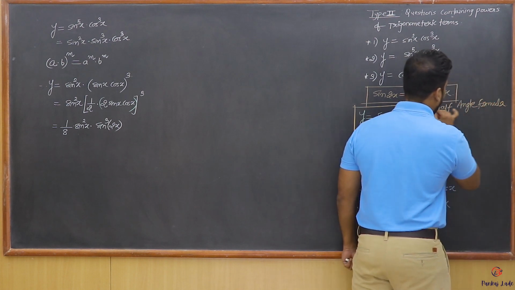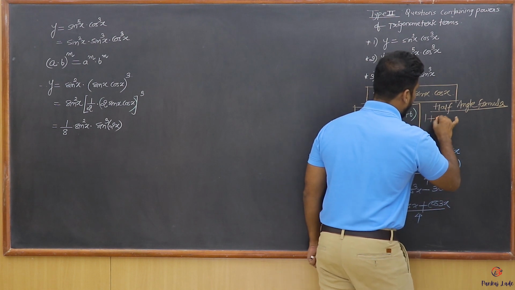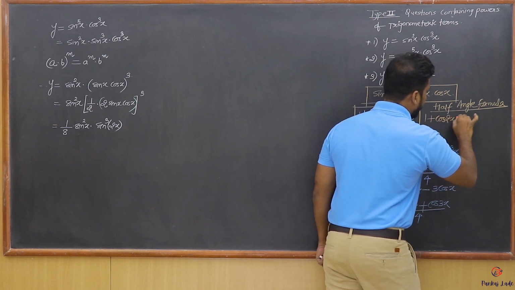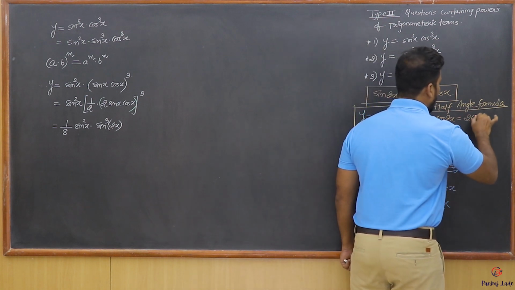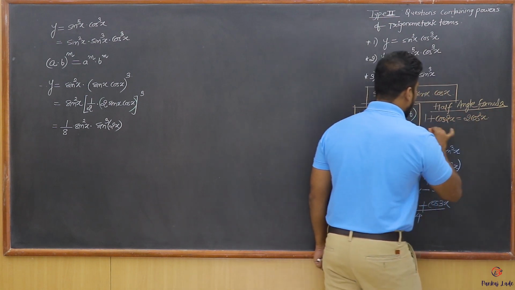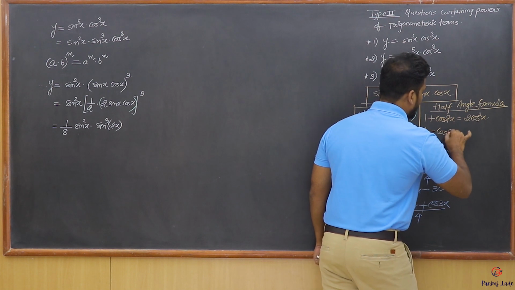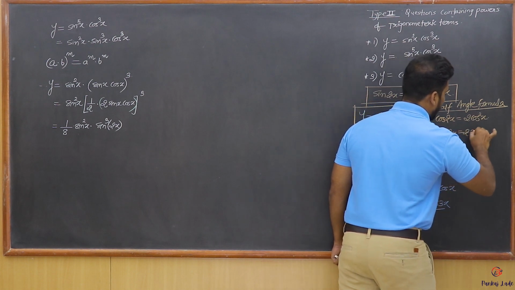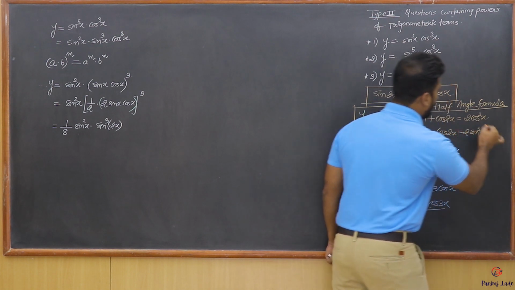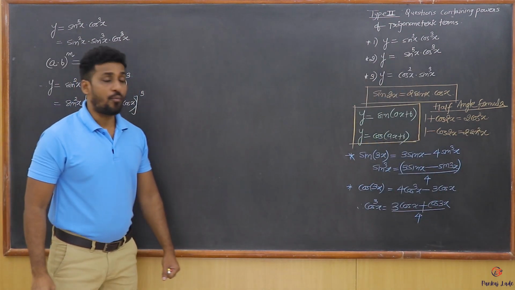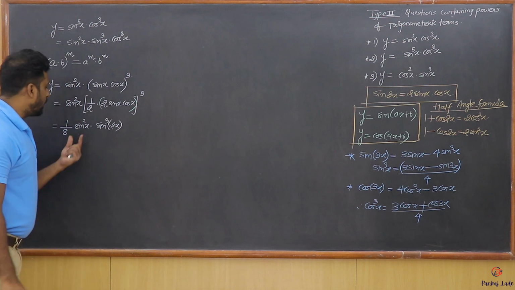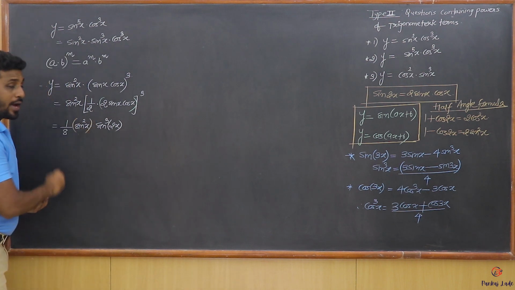If you recall, 1 plus cos 2x, the formula is 2 cos square x, and 1 minus cos 2x, the formula is 2 sine square x, isn't it? 1 plus cos 2x and 1 minus cos 2x, these are half angle formulas. Now observe carefully. Let's come back over here. I have the first term as sine square x.